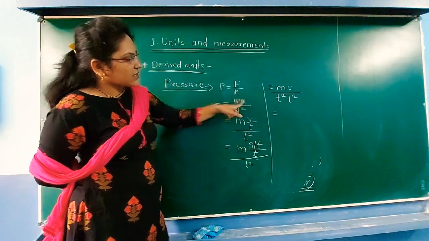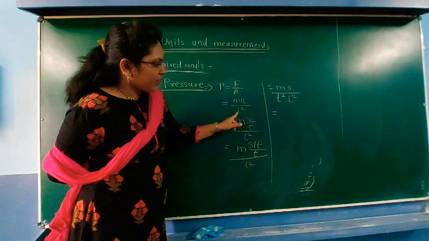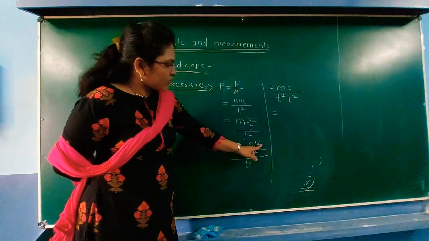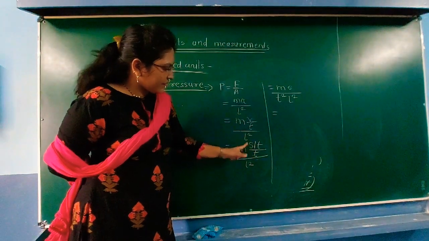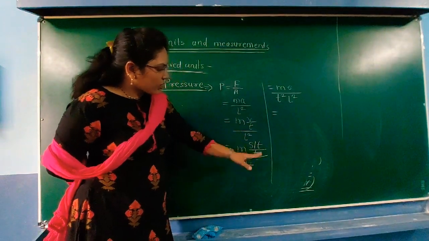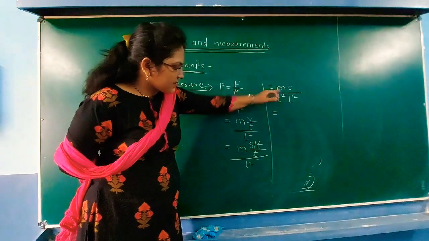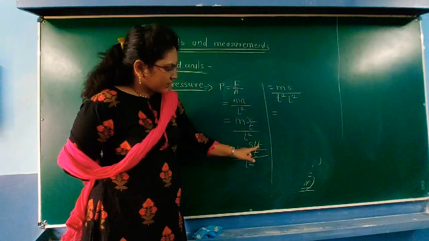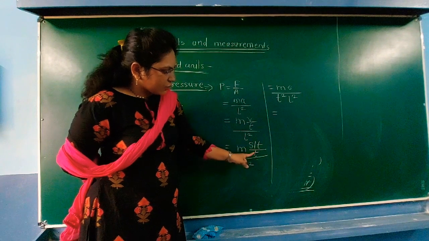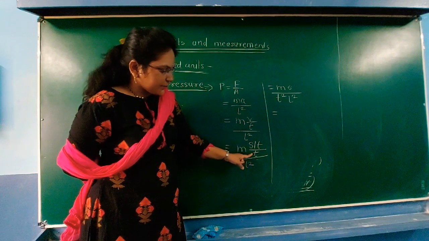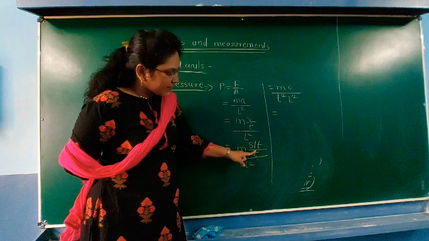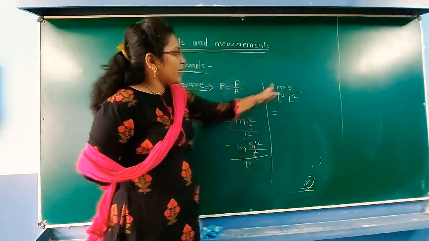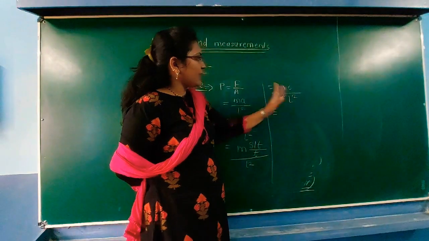Mass into acceleration is velocity upon time divided by L square. What is velocity? Displacement upon time. Then M remains as it is, S remains in the numerator, and T square goes to the denominator. So it becomes M S upon T square L square.